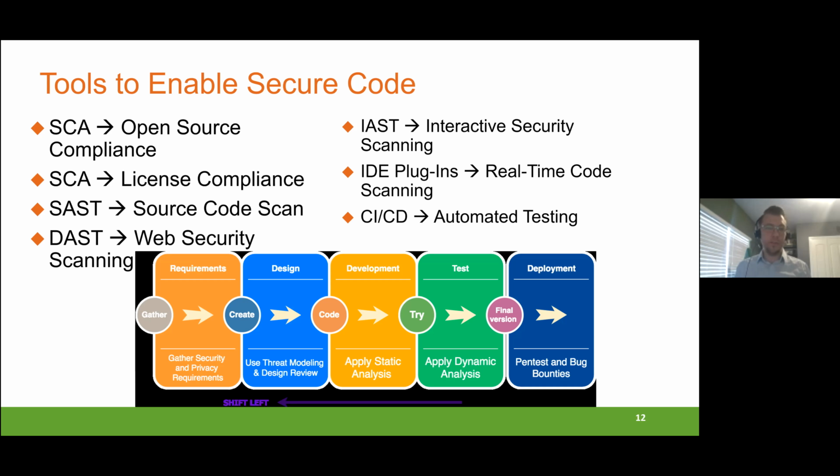SAST, or static application security testing, is something you can perform on the source. It's a scan you can perform on the source code, either by having it look at a repo or by enabling it within the pipeline. Depending on who the vendor is, some of them allow you to do both, and some allow you to do only one or the other with their tool.